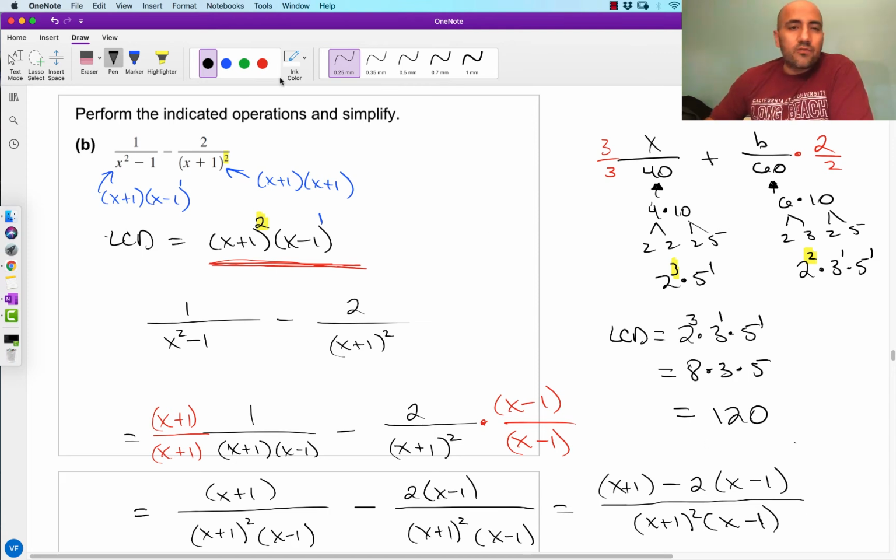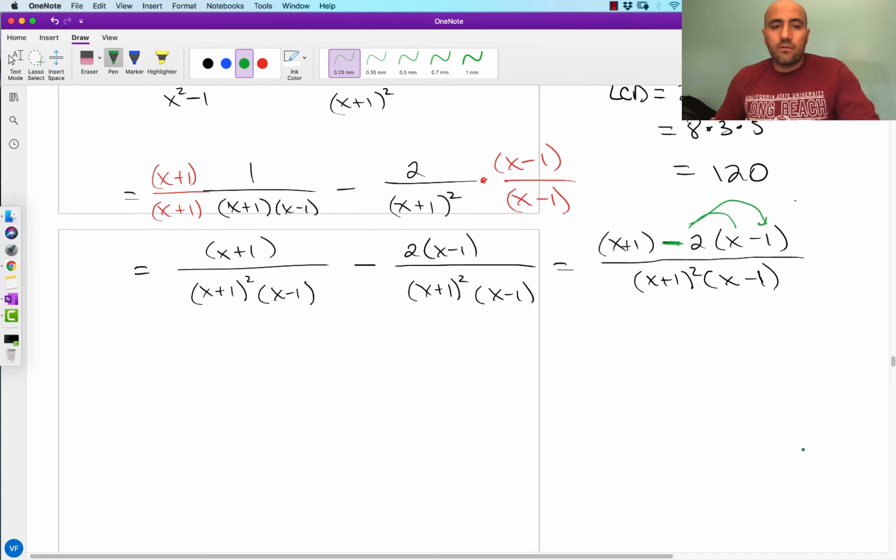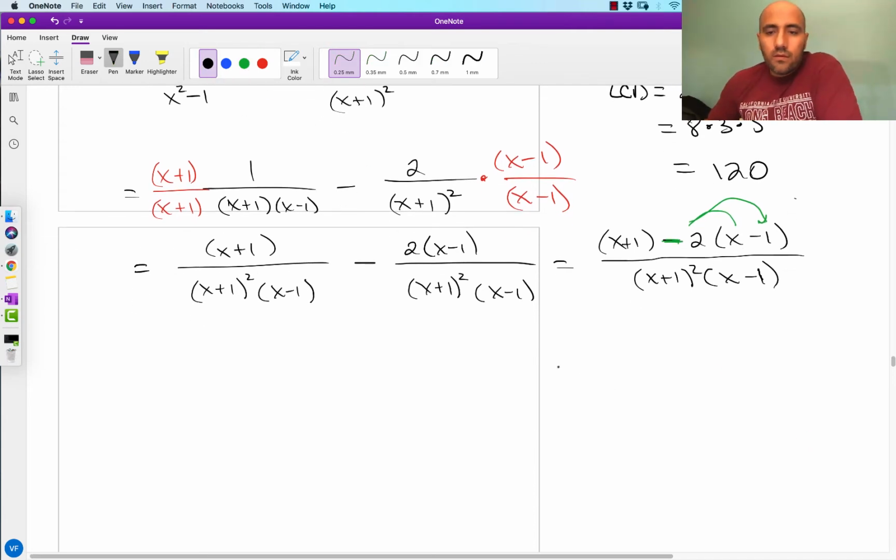Now we distribute this, keeping in mind that this subtraction applies to both terms. So we have to distribute that and distribute that. And so we end up with x plus 1 minus 2x plus 2 divided by x plus 1 squared times x minus 1.